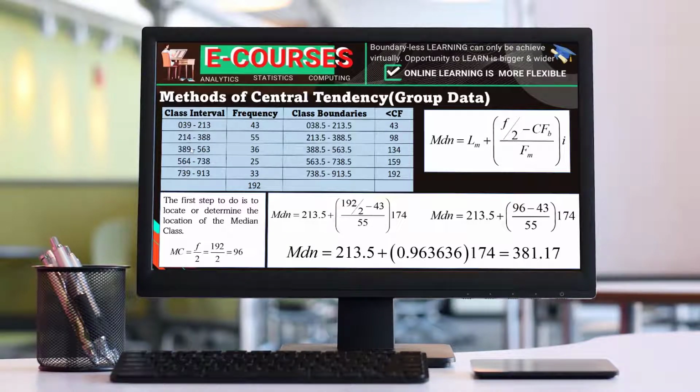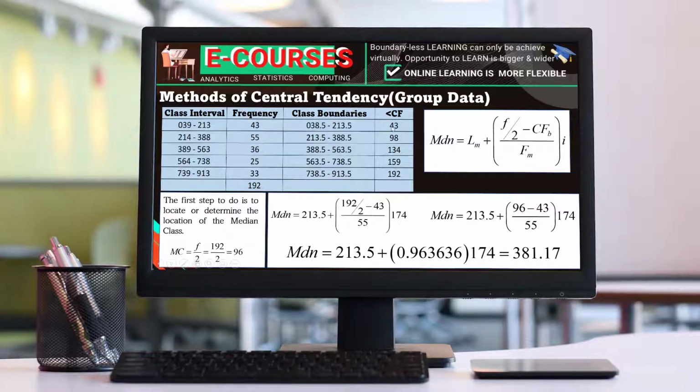The first step is to determine the location of the median class. How do we locate the median class? Remember the total frequency is 192. Divide by 2, and you will get 96. Go to the cumulative frequency.